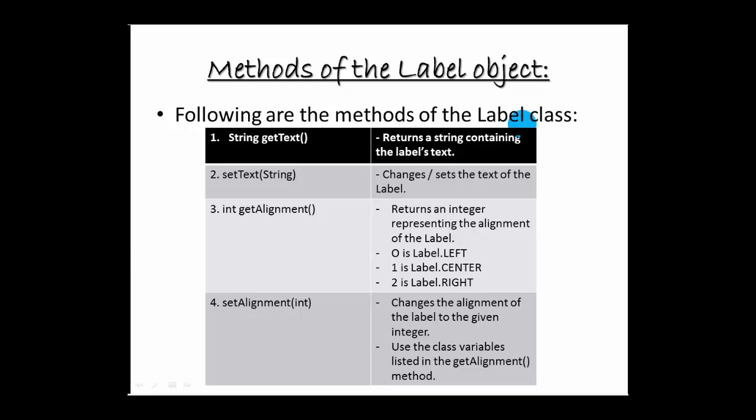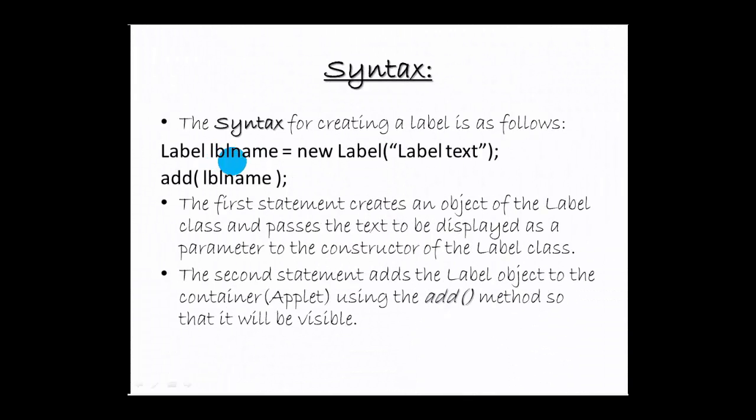The following are the methods that are used by the Label class, and these provide us with some additional functionalities. These methods are defined inside the Label class, and the first is String getText.